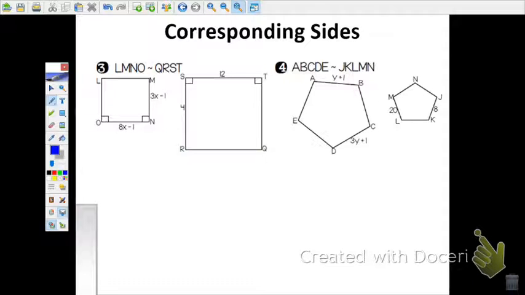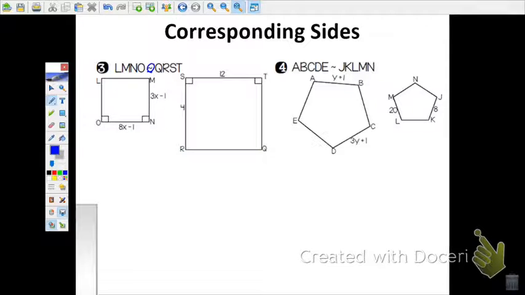Number 3, same kind of thing. They've given us the pictures, and we have that similarity statement so we can match up those corresponding parts. So when we look here, we typically start out with a scale factor.